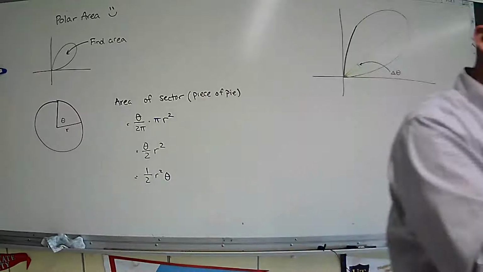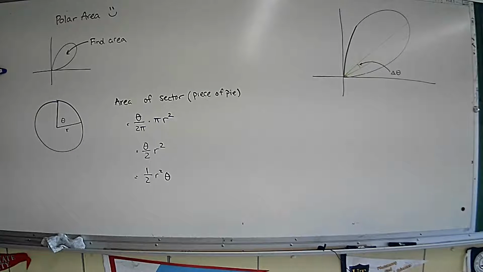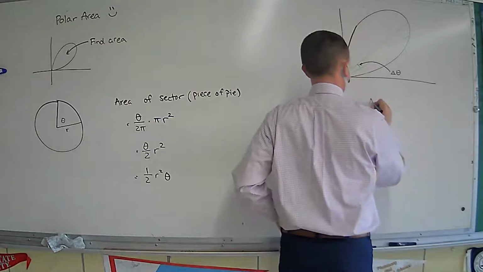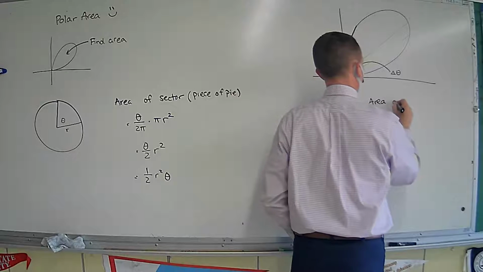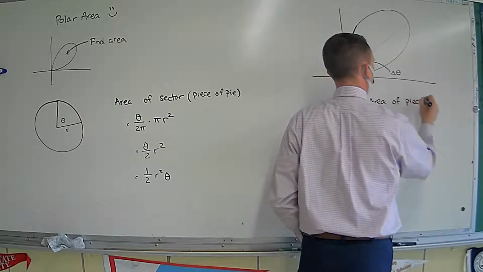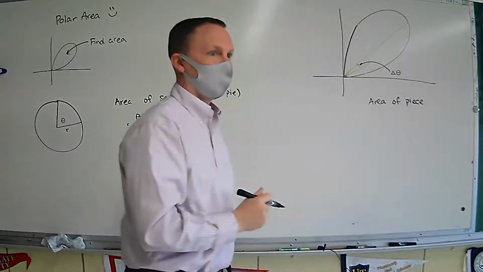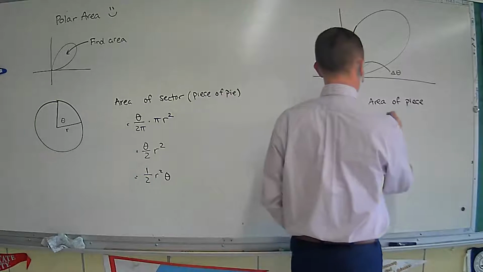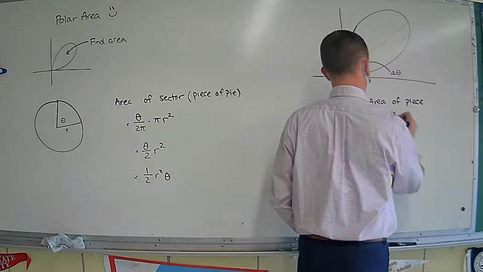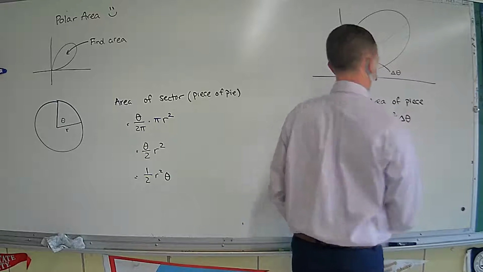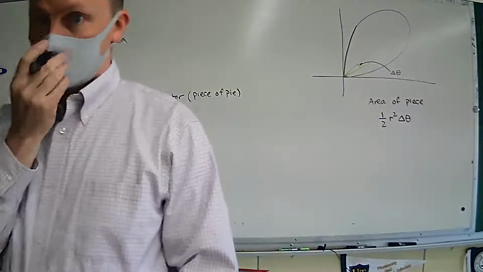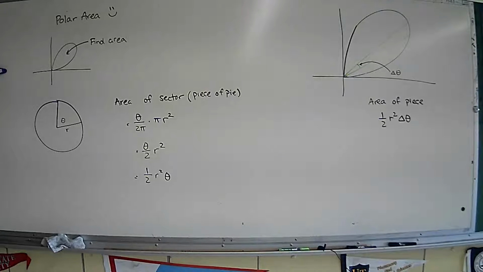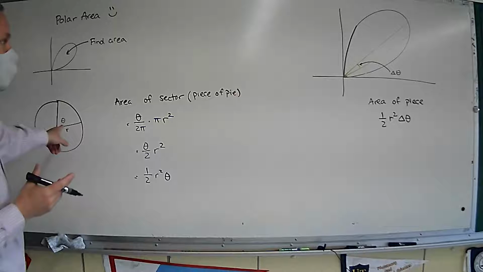But if I make a really small delta theta, there really won't be much change in R. Right? So what's the area of that piece? Well, apparently it's 1/2 R squared delta theta. Because delta theta is the angle. It's just like one of these guys over here.